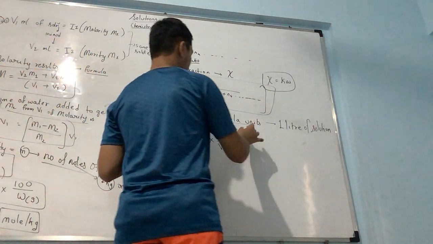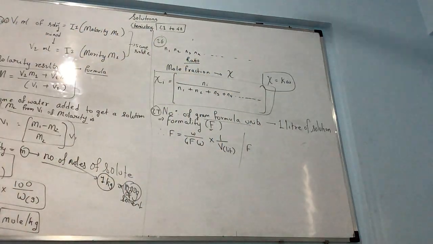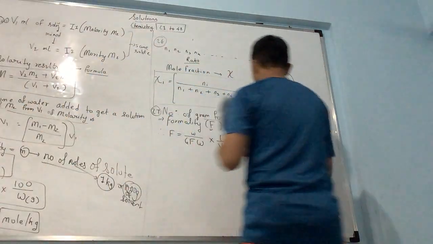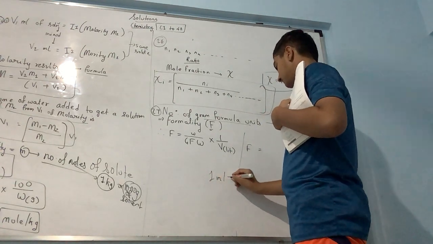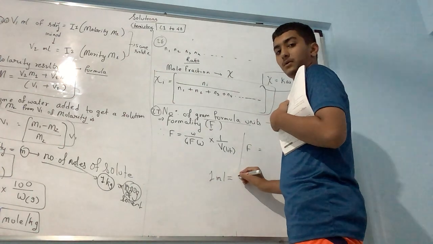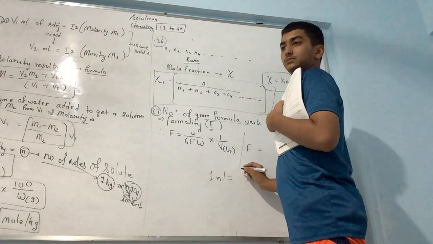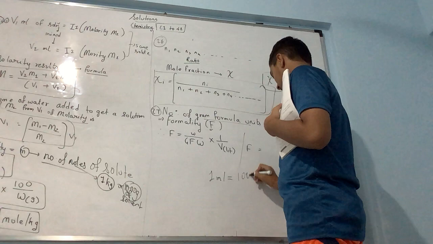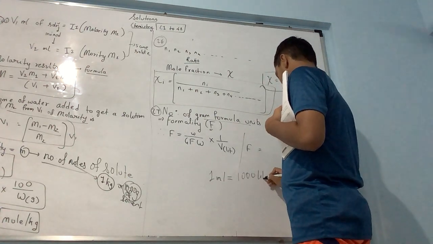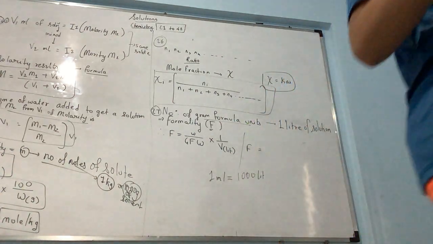Or instead of liters, if it's present in ml, as you know, 1 ml is equal to, tell me, 1 ml is equal to 1000 liter, isn't it? Let's check once. You also check, I'll also check.